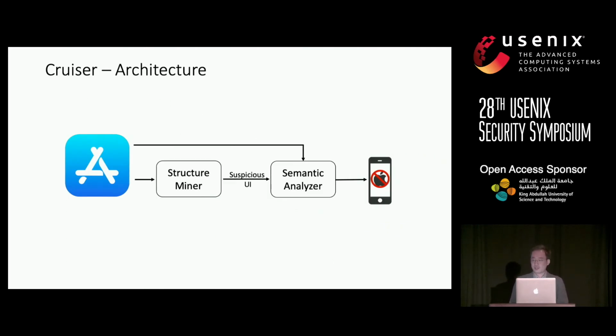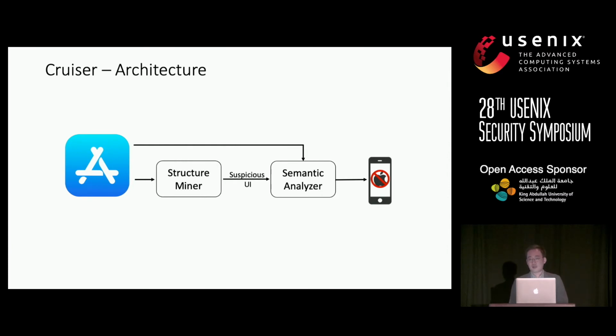Using such observations, we came up with our detection tool Cruiser, which consists of a structure miner and a semantic analyzer. The structure miner takes an app downloaded from the App Store as an input, disassembles it, and analyzes its UI transitioning using the labeled view controller graph that I just showed.